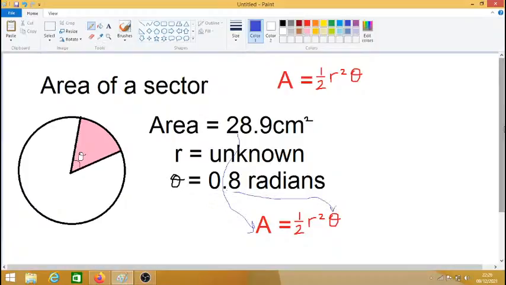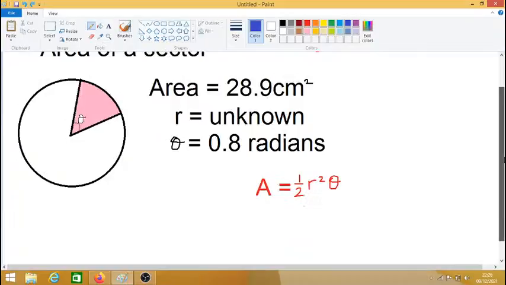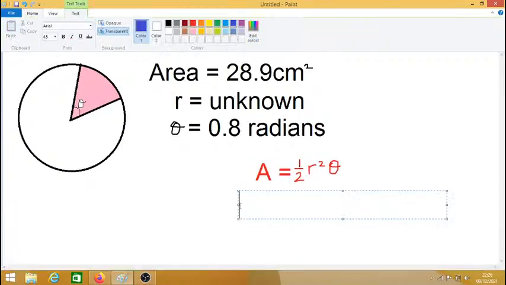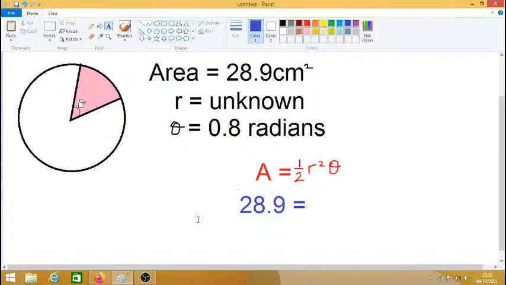So let's put that in. That'll give us 28.9 is equal to a half times r squared times by theta, which is 0.8.